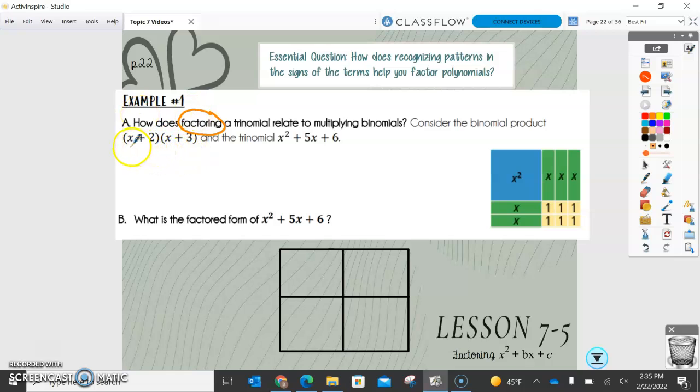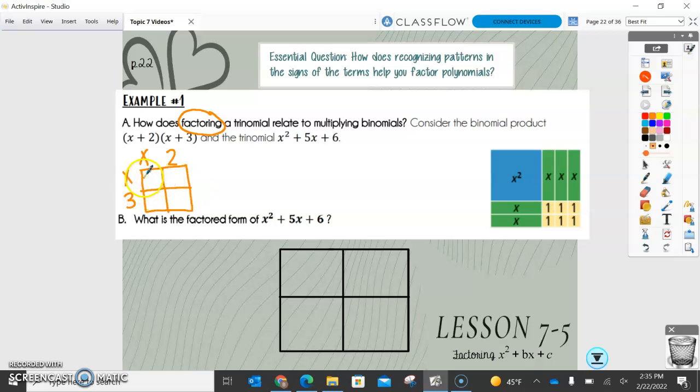Now, let's go back to section 7-3, where we learned to multiply these polynomials. If we were going to multiply x plus 2 by x plus 3, I'm going to do a generic rectangle here, and we could practice what we learned.